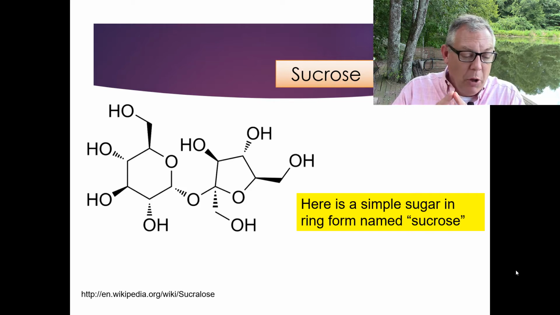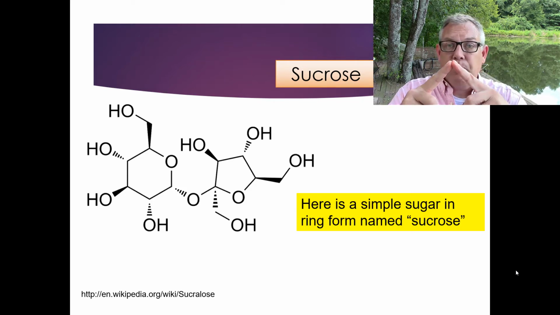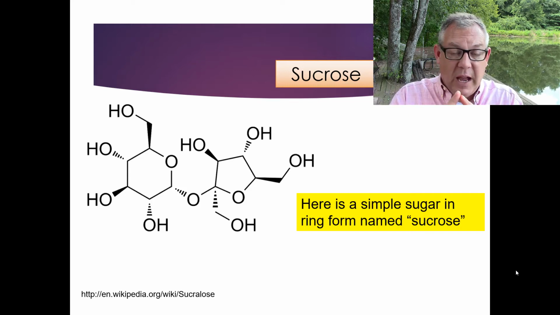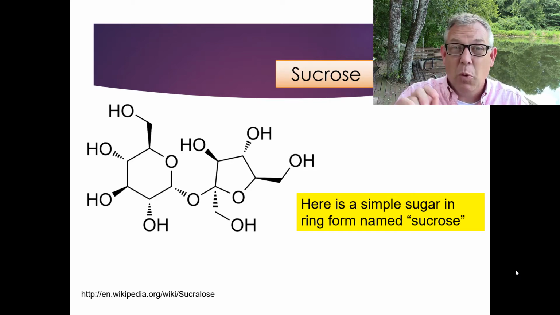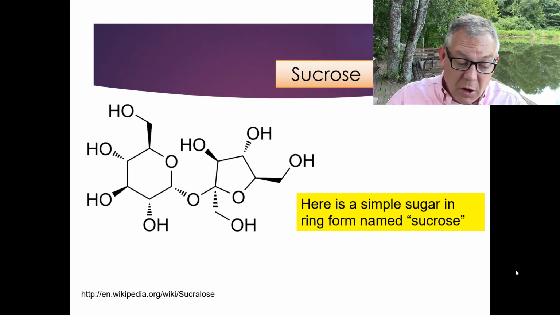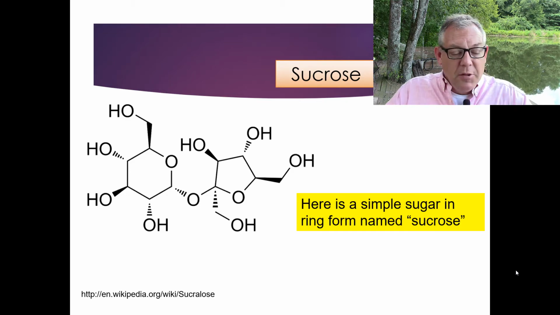Most of those points have an OH attached to it, and you can assume that on the other end there's also another H attached. We just didn't want to write every one of those. On most of those carbons, you've got an H and an OH. You've got a water and a carbon. So again, you can tell this is a carbohydrate. You've got two of those rings, and this is sucrose.